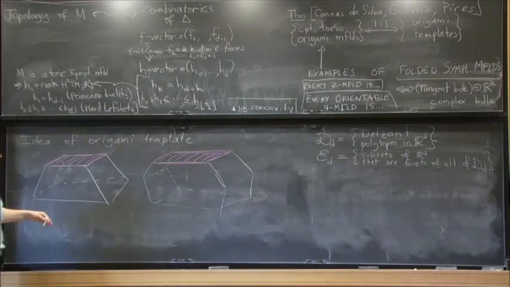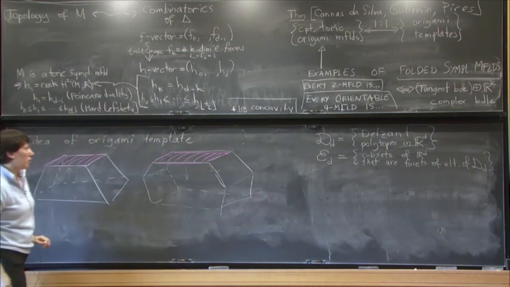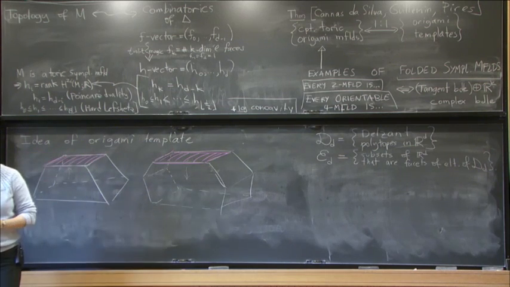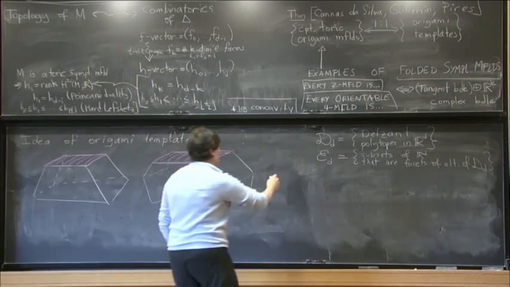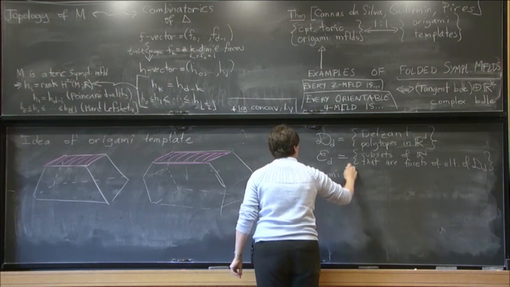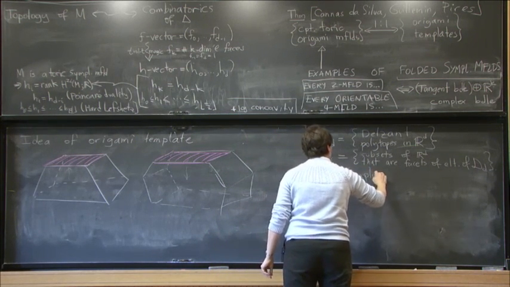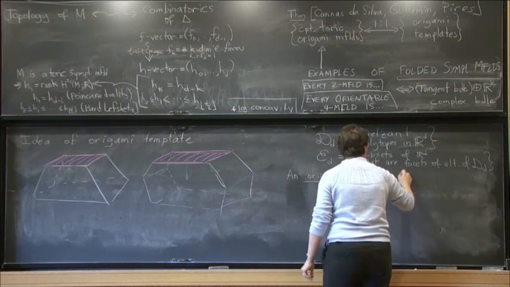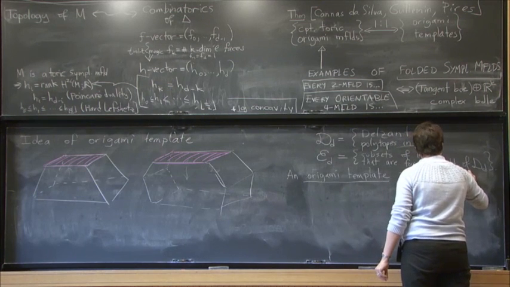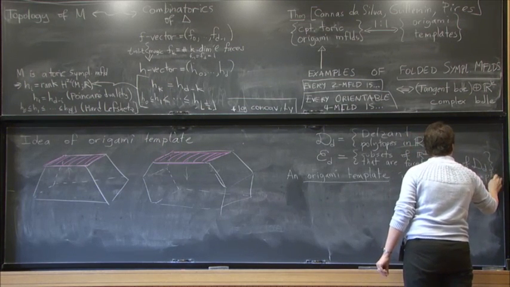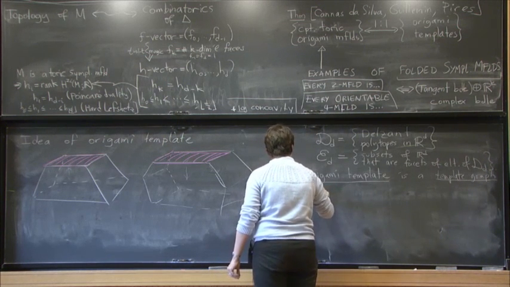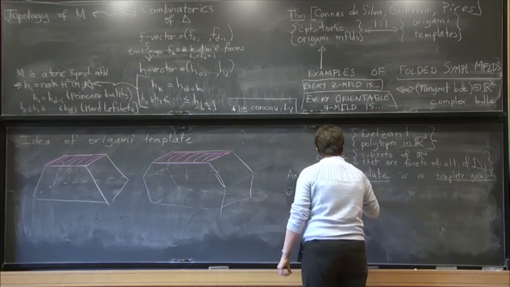If I'm living in R^3, these two polytopes are both elements of D sub D, and this square or rectangle is an element of E sub D. And then an origami template is a template graph G together with maps.